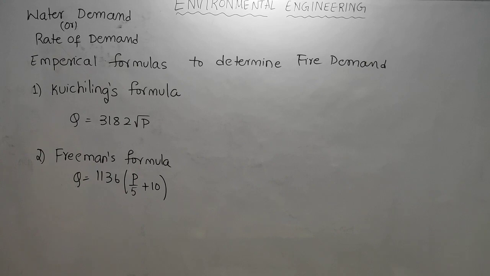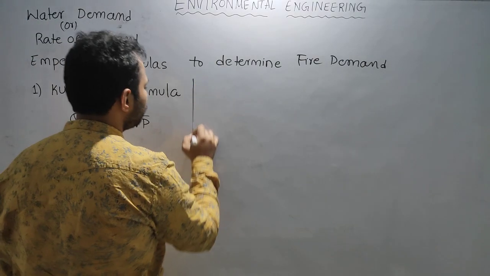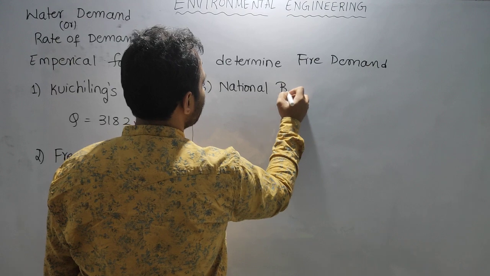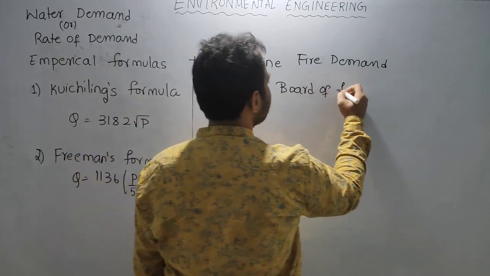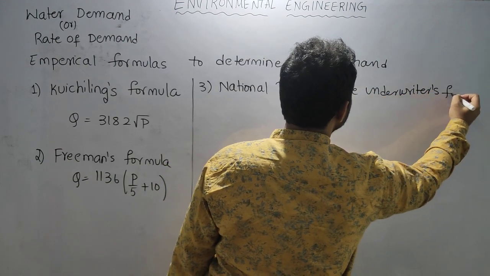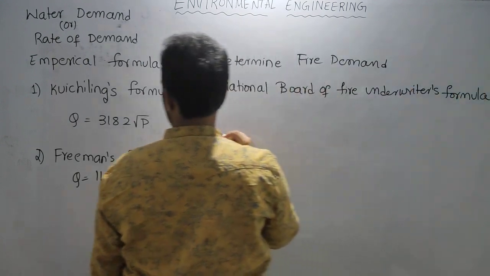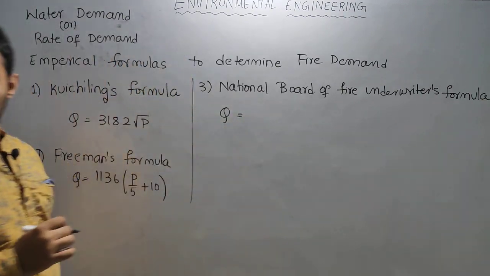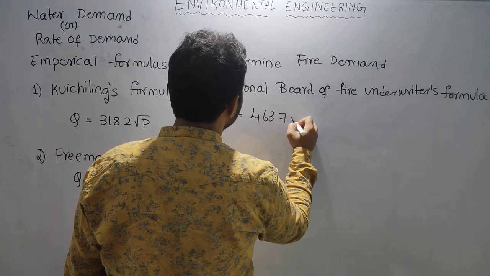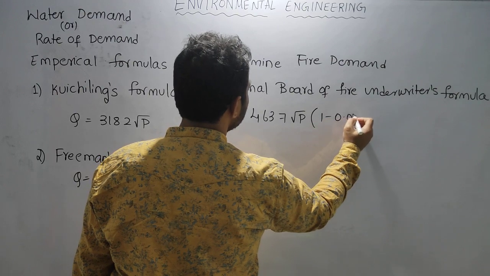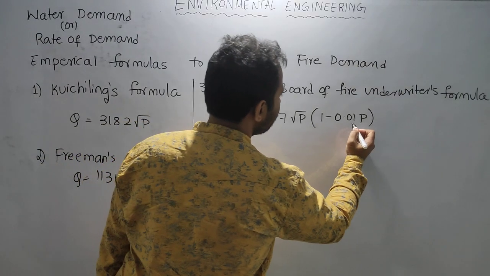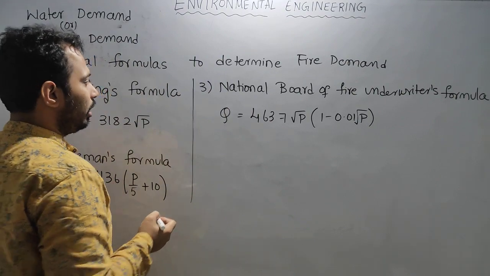Next is the National Board of Fire Underwriters formula: Q is equal to 4637 square root of P into (1 minus 0.01 square root of P). This is the National Board of Fire Underwriters formula.